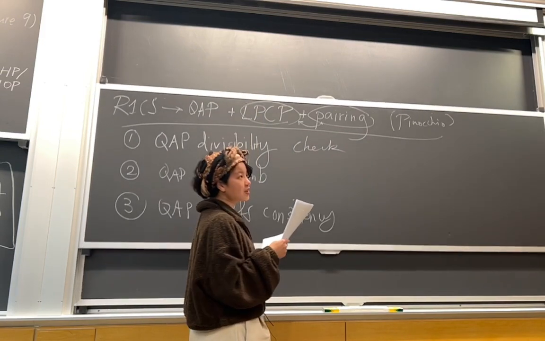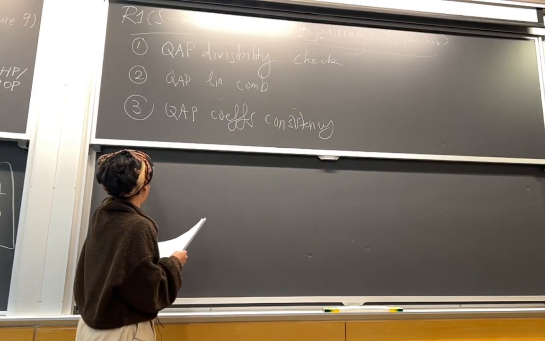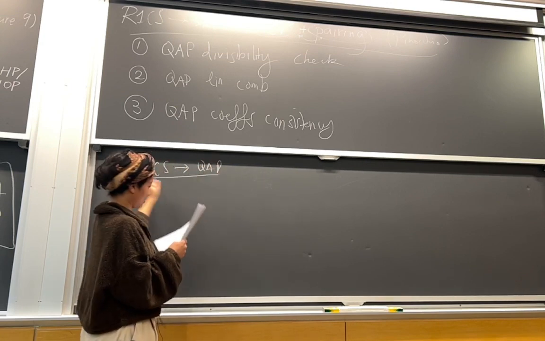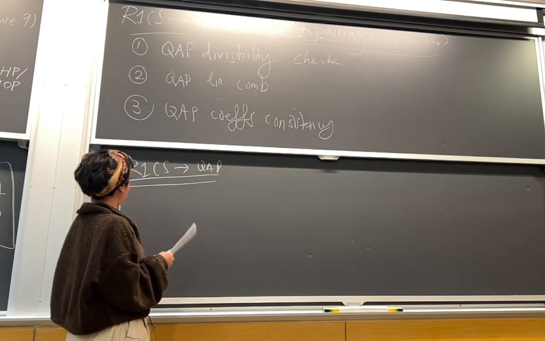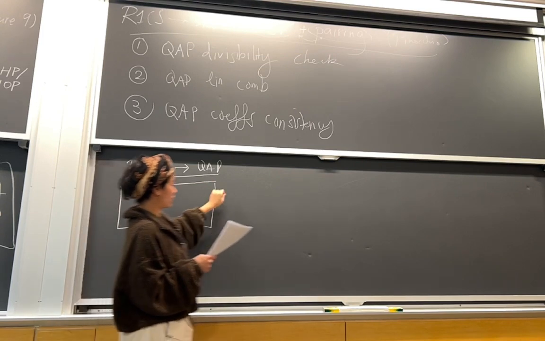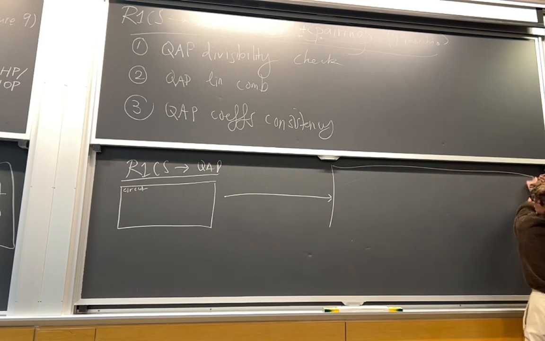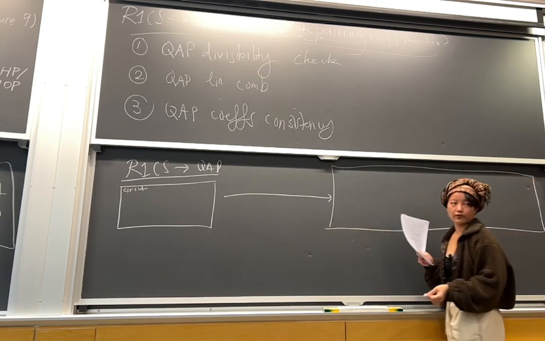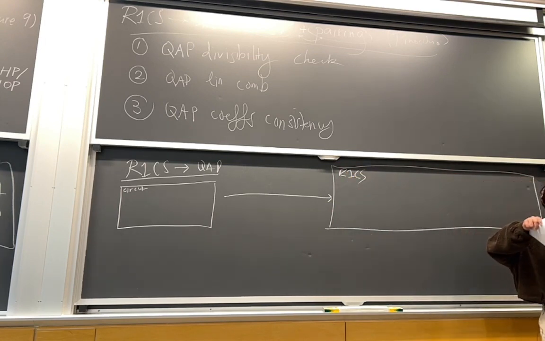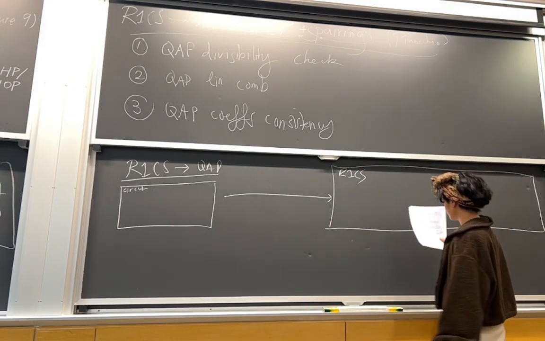So from lecture 7, we remember the R1CS to QAP transformation. What we're going to do is start out with an arithmetic circuit and convert it to R1CS, which is 3 coefficient matrices, the left, right, and center matrices, representing the left, right, and output wires to the gates in the circuit.